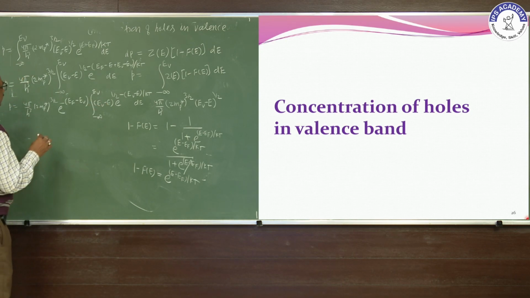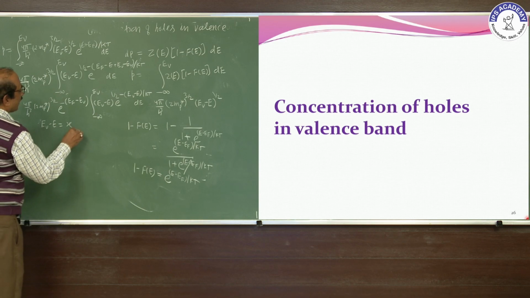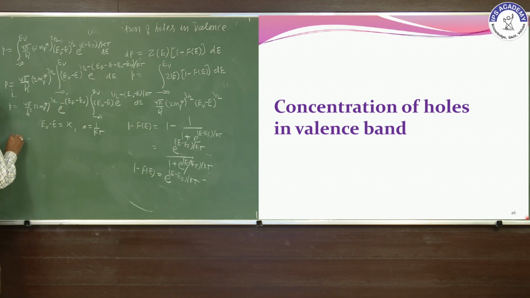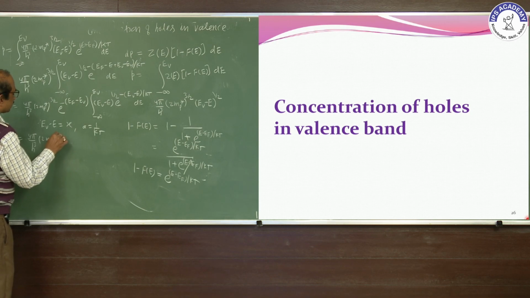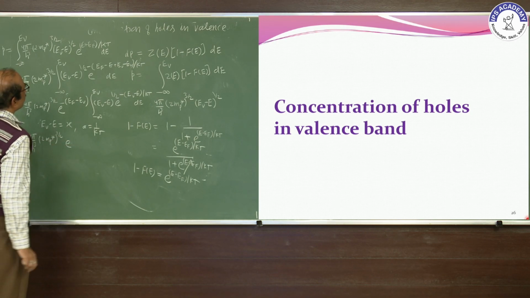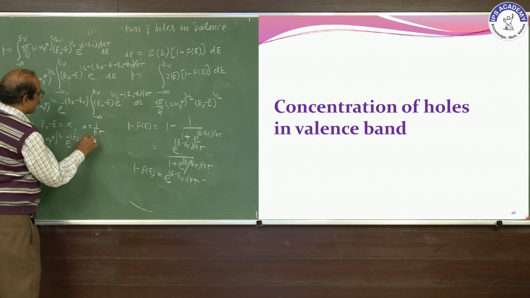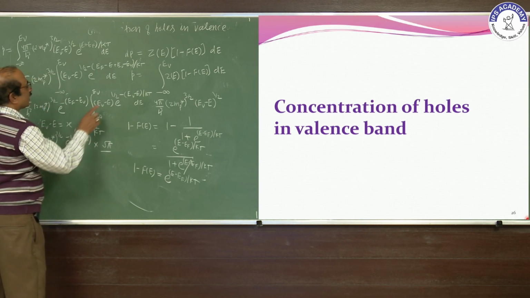So to compare this integral, let us take EV minus E equals x and a equal to 1 by KT. So the result of the integral would be p equals 4 pi upon h cube 2 mp star to the power 3 by 2 e to the power minus (EF minus EV) into root pi. The result of the integral will be root pi over 2a to the power 3 by 2.